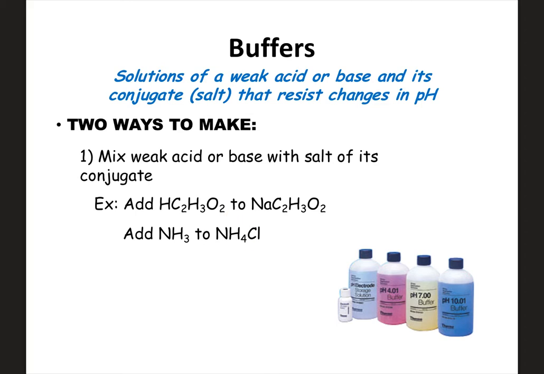So the NH4 plus would be in the NH4Cl here. So you need to look for the conjugate in the salt. As long as you have a weak acid or base and its conjugate present, that's going to form a buffer. So this is the easiest one to identify because it basically goes right along with the definition of a buffer.